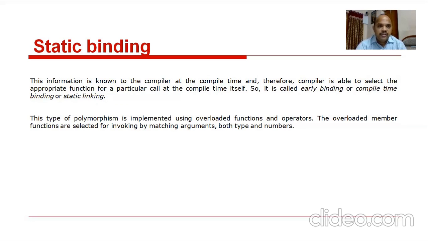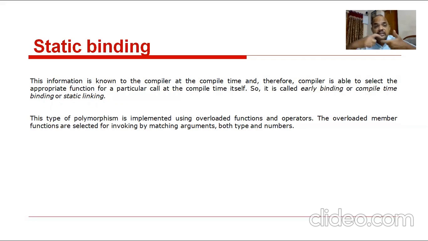Clear all of you? So I repeat, this information is known to the compiler at the compile time. Therefore, the compiler is able to select the appropriate function for a particular call, which is the calling function, which is the called function. What are the actual arguments sent through the calling function? What are the formal arguments received from the calling function?